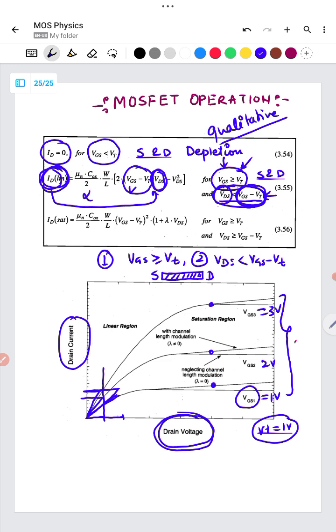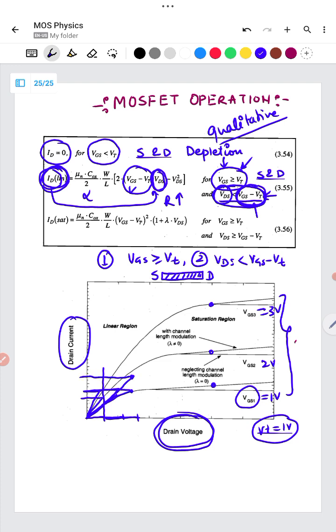So if it is approaching VGS minus VT, definitely the channel width is going to decrease. If the channel width decreases, definitely the channel resistance is going to increase. So with the same increment of VDS, you don't see the same increment in the current. The current is lesser.